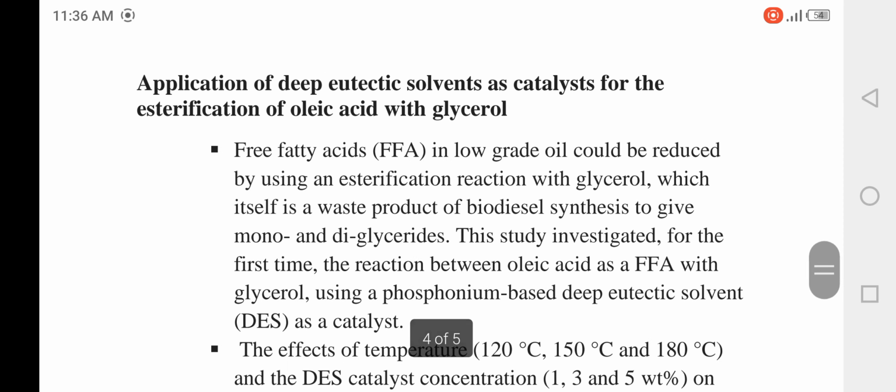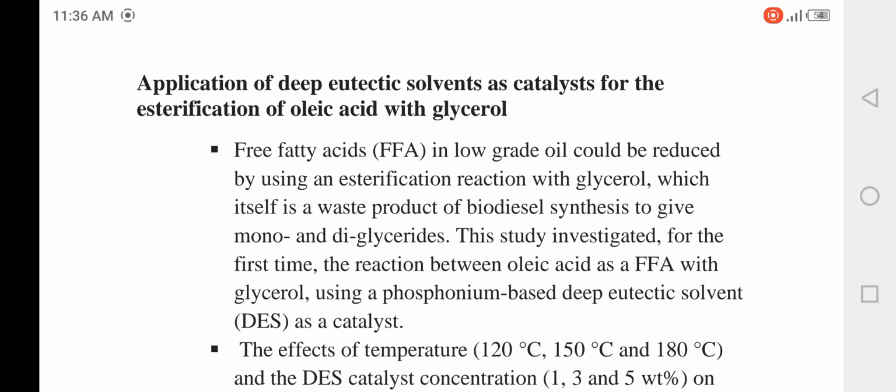Application of deep eutectic solvent as a catalyst for the esterification of oleic acid with glycerol. Free fatty acid in low-grade oil could be reduced by using an esterification reaction with glycerol, which itself is a waste product of biodiesel synthesis, to give mono and diglycerides.